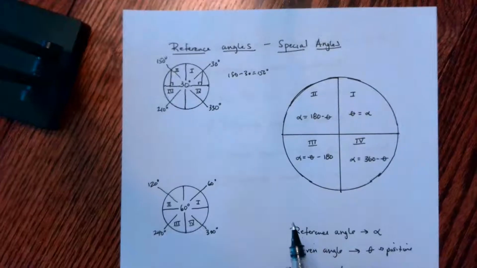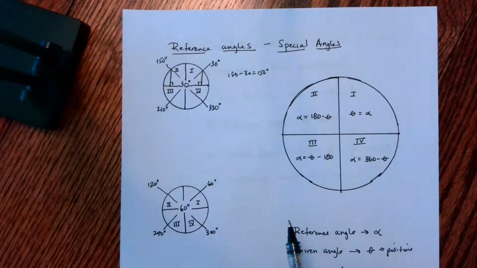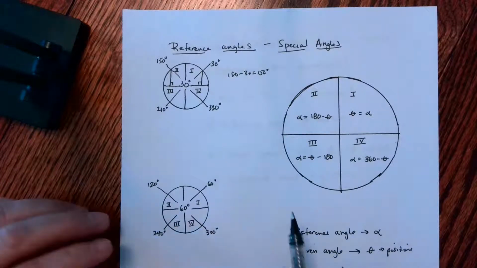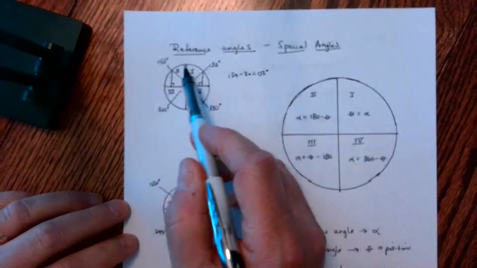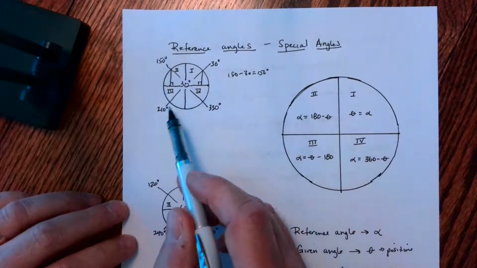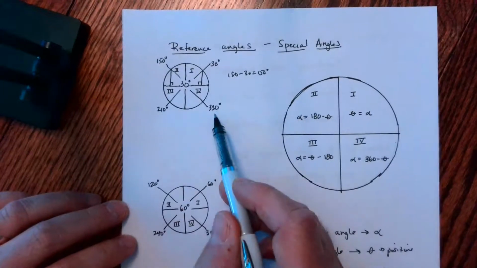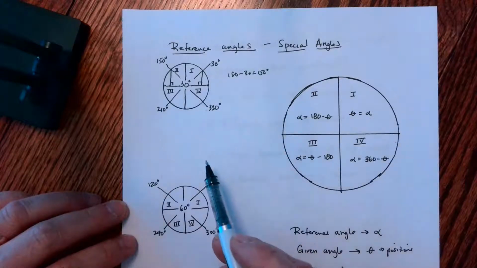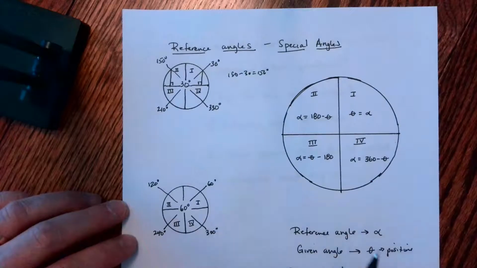Okay? So there are some special angles in each quadrant that correspond to a 30-degree triangle. Quadrant 1 is 30, quadrant 2 is 150, quadrant 3 is 210, quadrant 4 is 330. These are your special angles that correspond to a 30, 60, 90 triangle of a 30-degree angle.